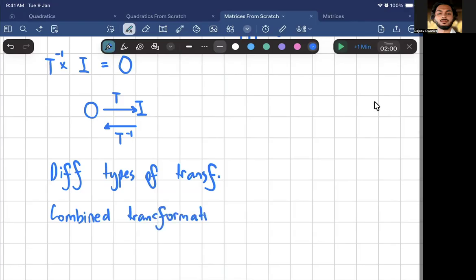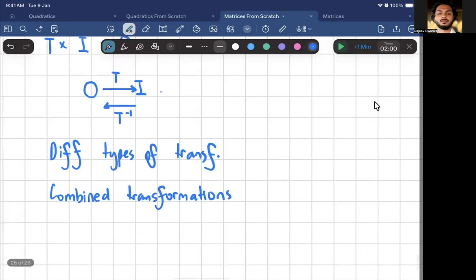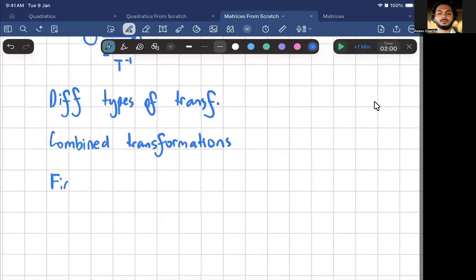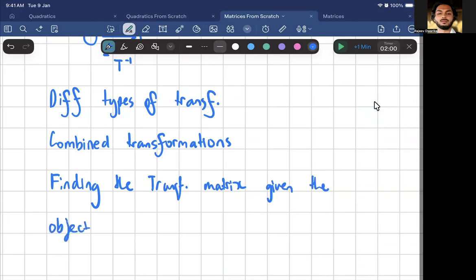Yeah, that's essentially it. And the last thing I showed you, which was finding the transformation matrix given the object and image using the assumed matrix method.